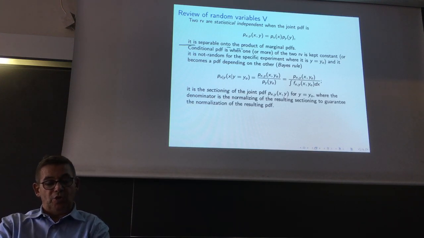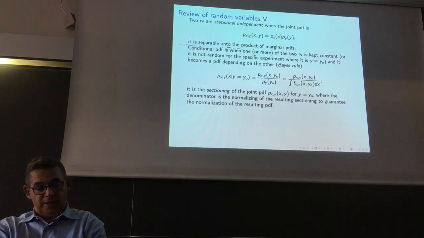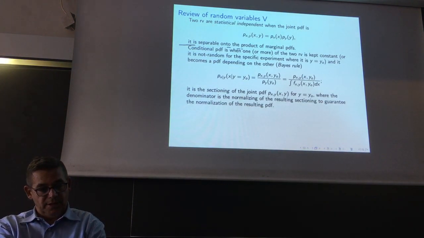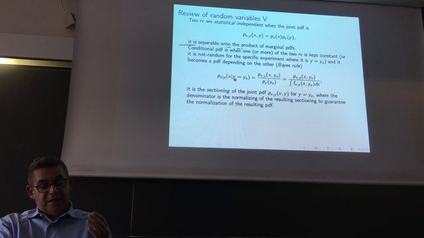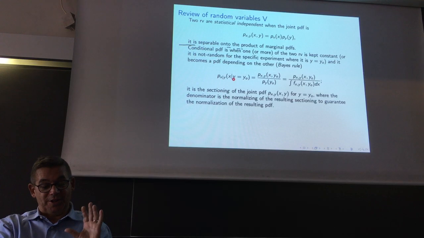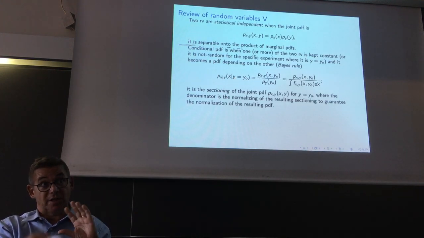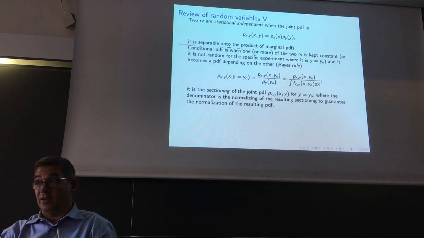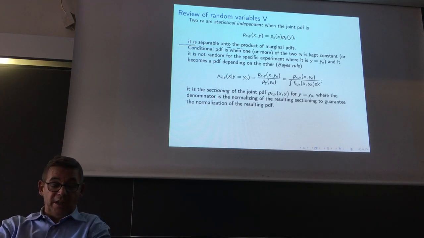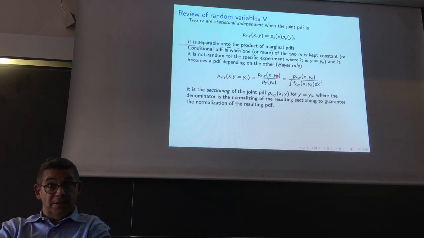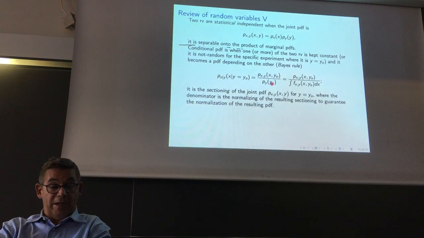Now, if I want to calculate the conditional probability density function with respect to y, sorry, I swapped x and y here. If I want to calculate the probability density function conditional on y equals y0, what I need to do is cut at y0 and then normalize.